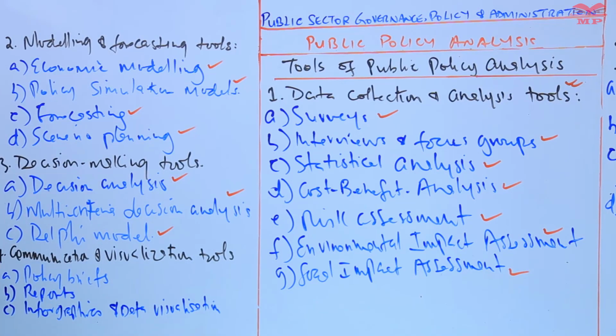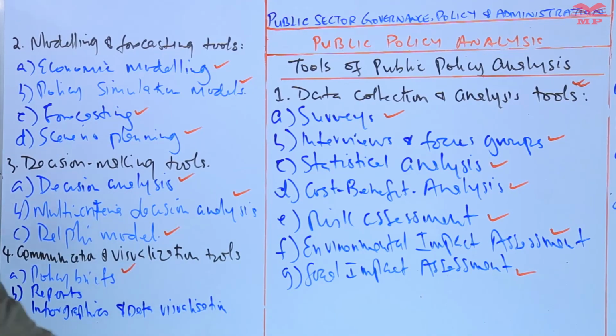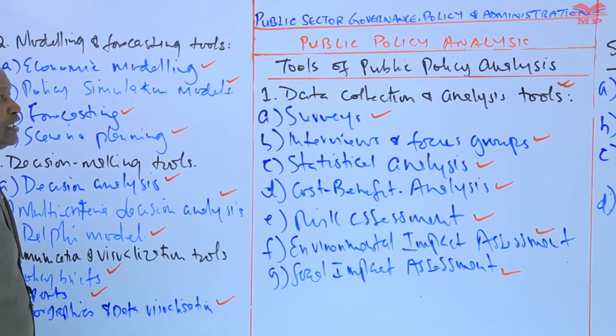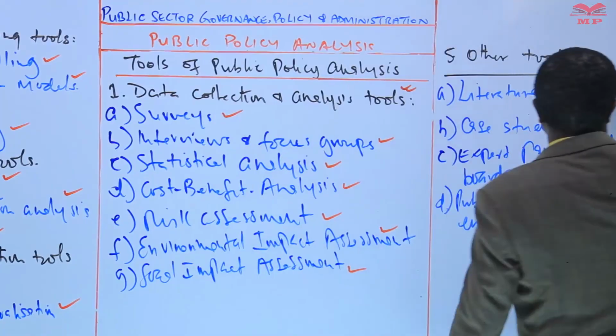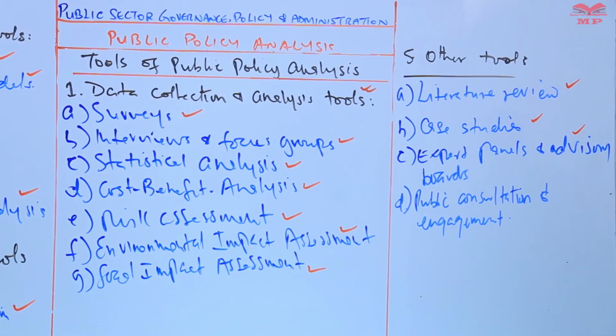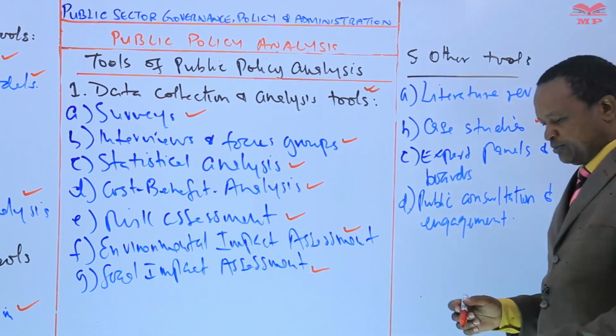Number 4, communication and visualization tools. There is policy briefs, reports, infographics, and visualization. Then other tools include literature review, case studies, expert panels and advisory boards, public consultation, and engagement.